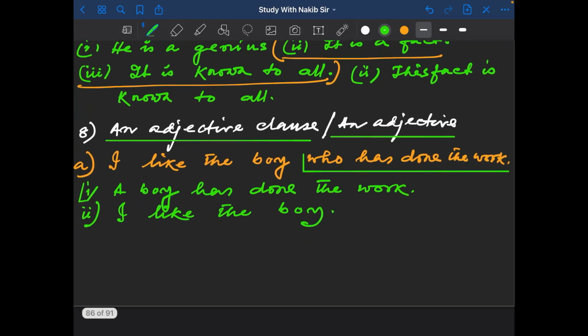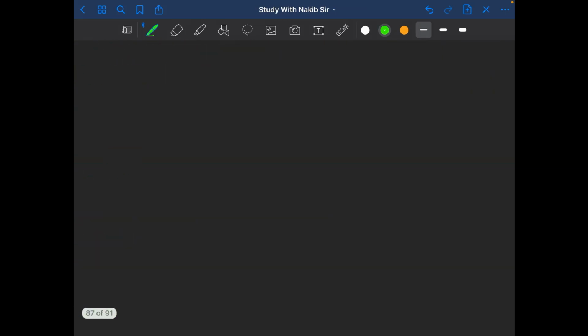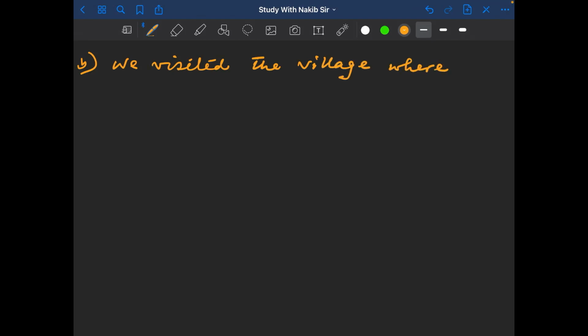Take another example. B. We visited the village where the poet was born.